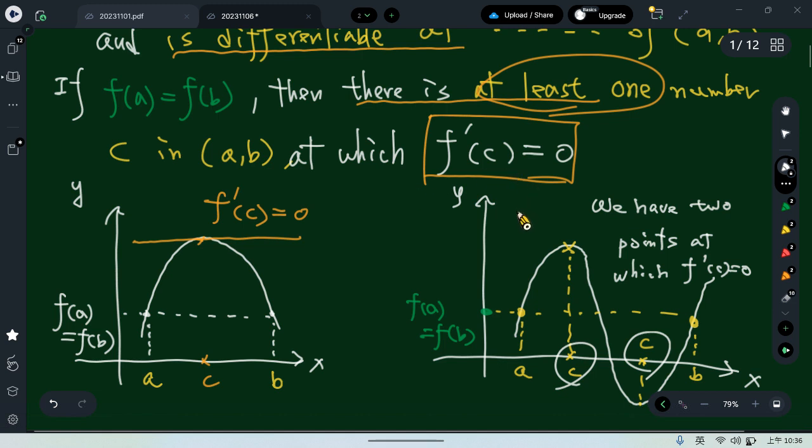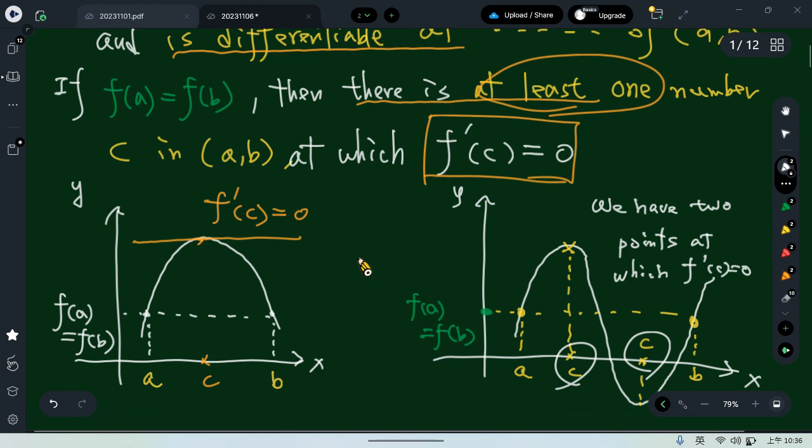So the only condition you need to make sure is f of A must be f of B. Then you can find at least 1 point at which f prime of C is 0.